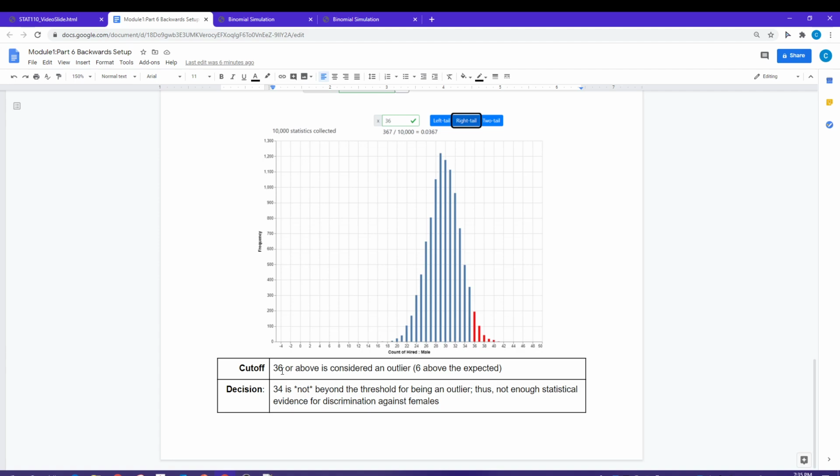My cutoff, which is 36, is again 6 above the expected. That's not a coincidence. It's going to happen that way. So with these reference distributions, we will get the same answer no matter which version of the reference distribution we use. Here my number of males is 34. 34 is not above that threshold, so I do not have enough evidence for discrimination against females.